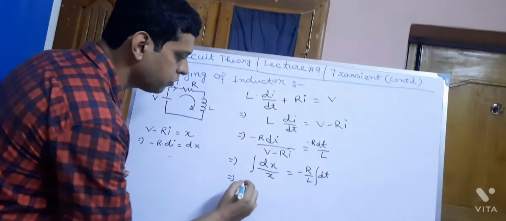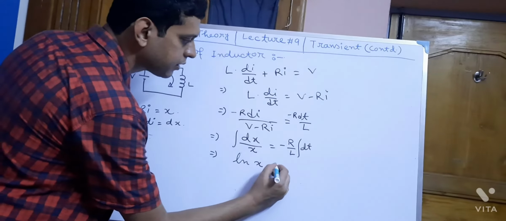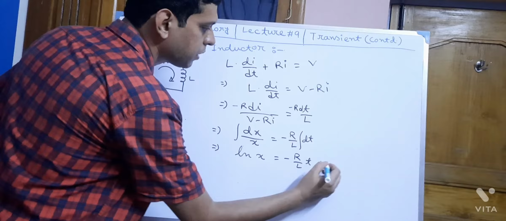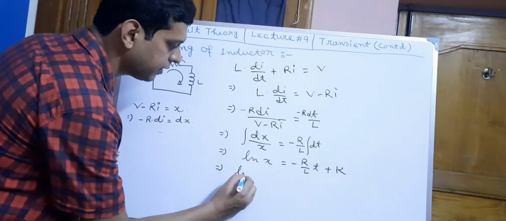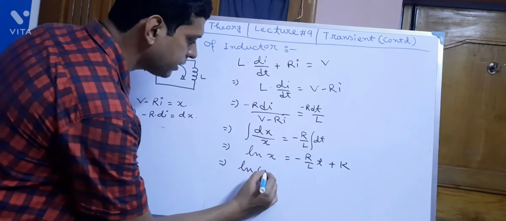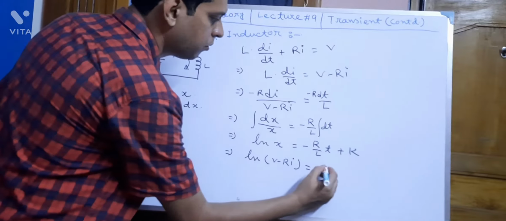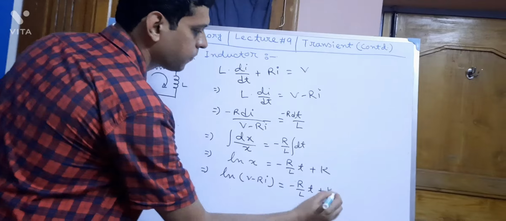So we will get ln x equal to minus r by l into t plus some constant k, or ln of v minus ri equal to minus r by l t plus k.